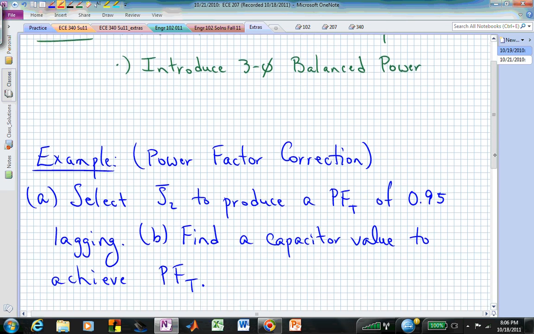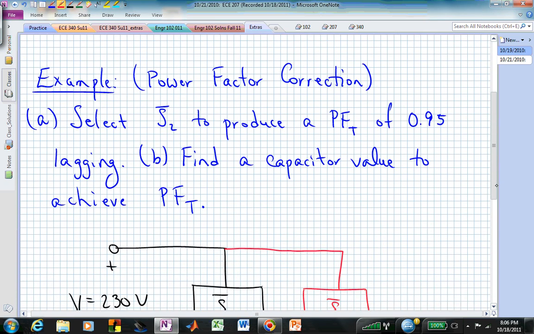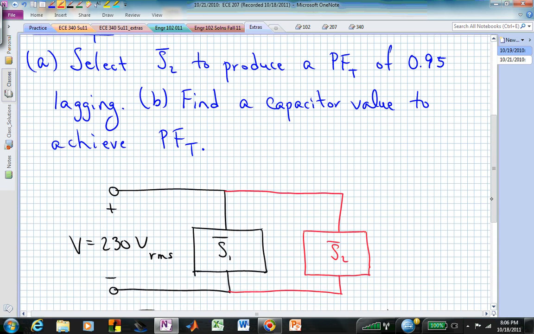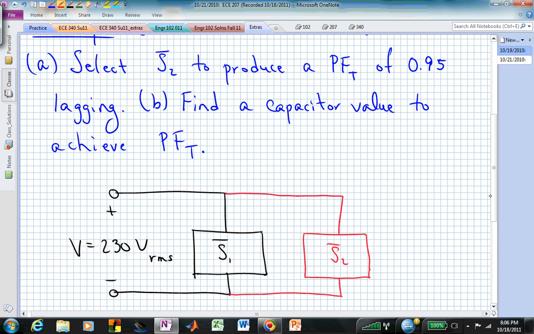Let's begin by returning to an example that we had talked about in the previous session, and we will basically start this example over. This is a power factor correction. The circuit is indicated here. What we want to do is we're given a single load S1.